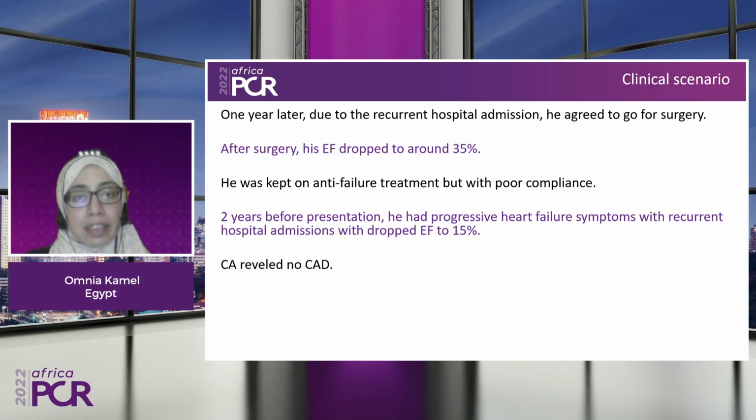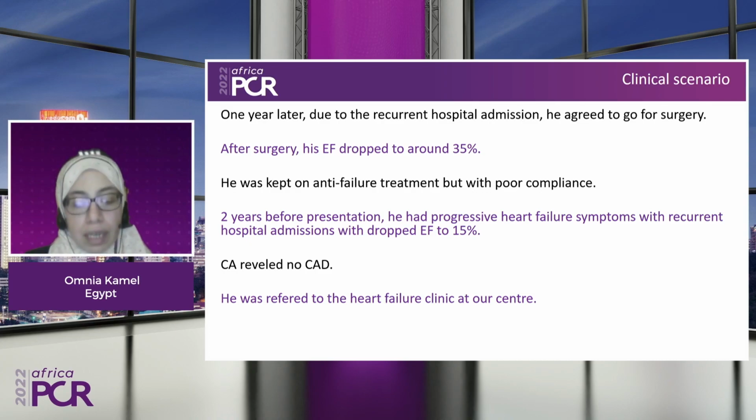Actually, he was scheduled for coronary angiography to exclude any significant coronary artery disease, and the coronary angiography revealed normal coronaries. That's why he was referred to our heart failure clinic in Aswan Heart Center for assessment.